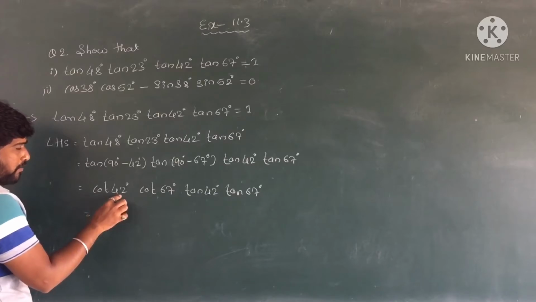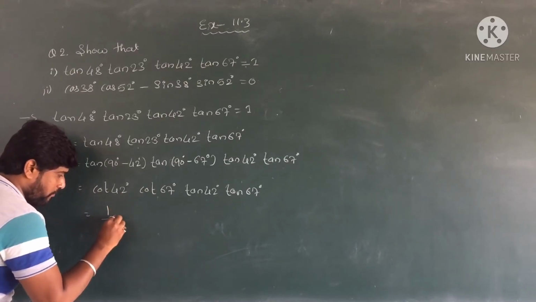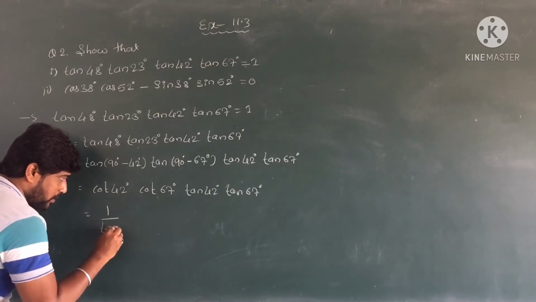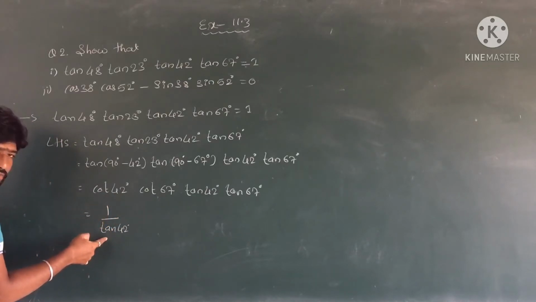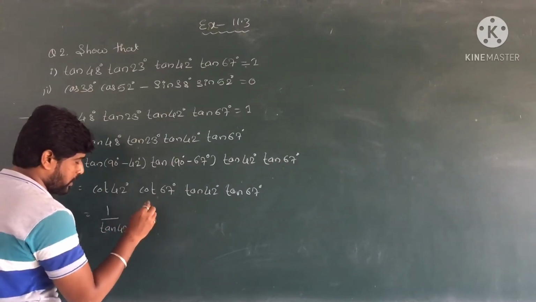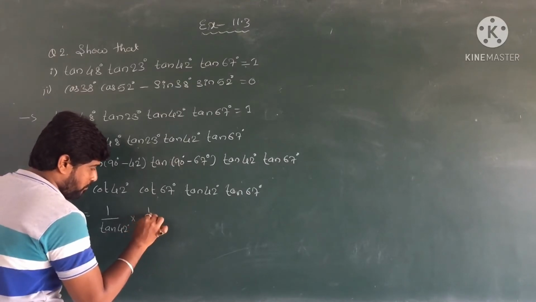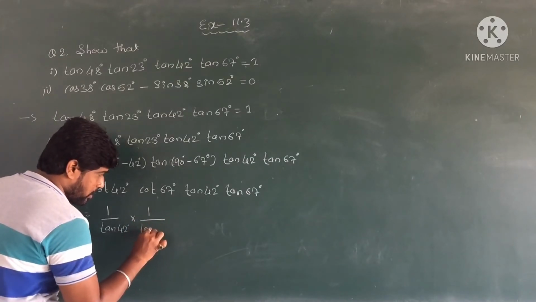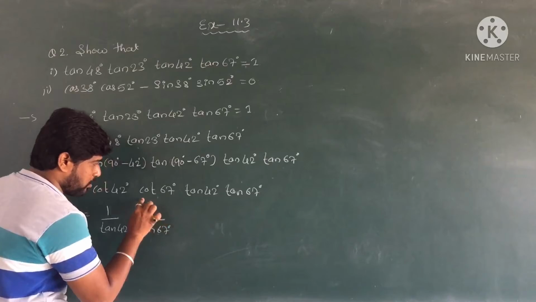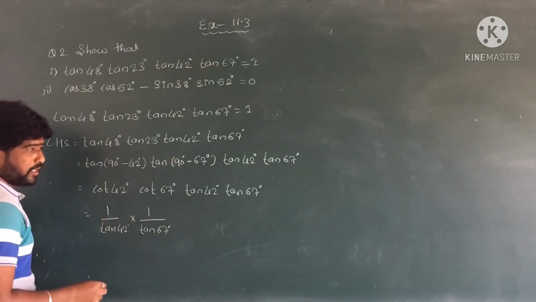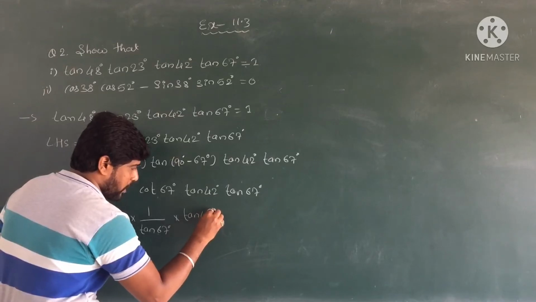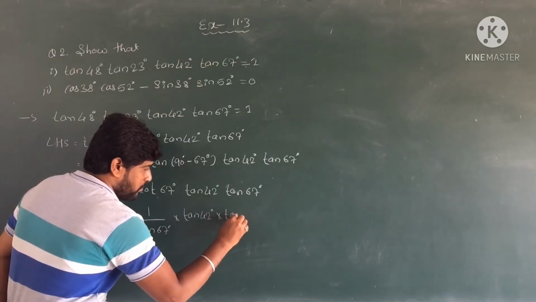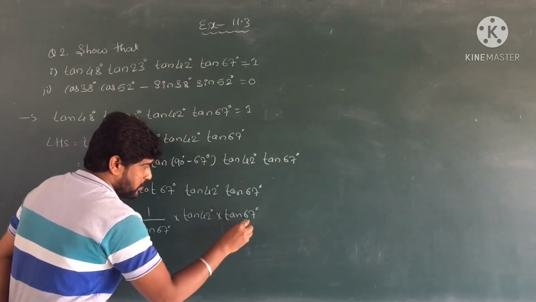So here cot 42 we can write as 1 by tan 42, into here also cot 67 we can write as 1 by tan 67, into here tan 42 as it is and into tan 67 as it is.